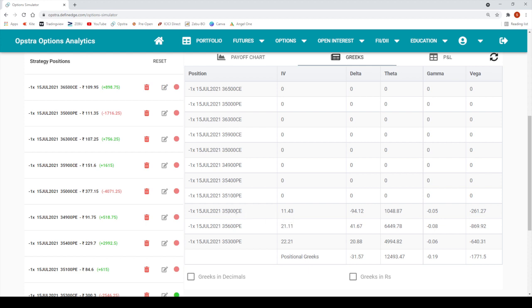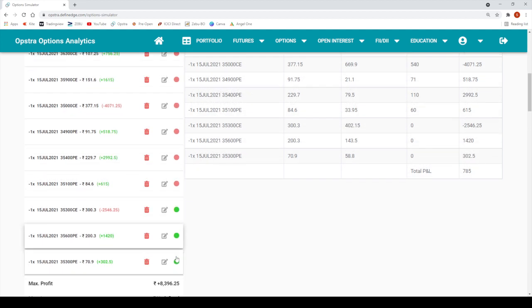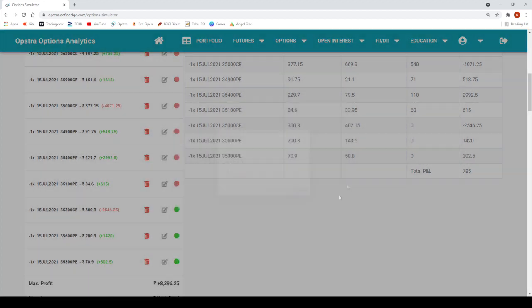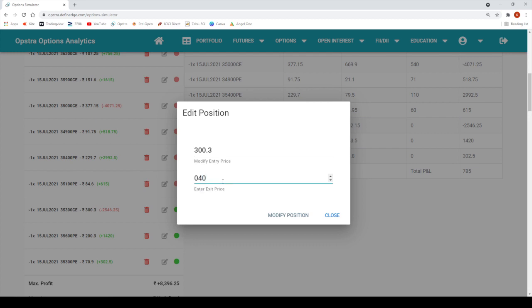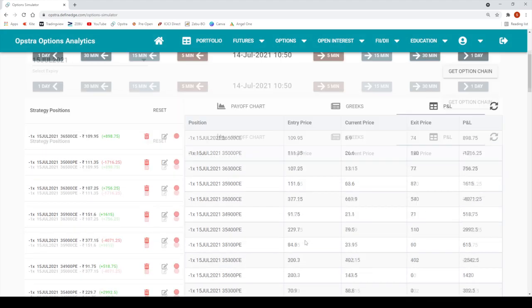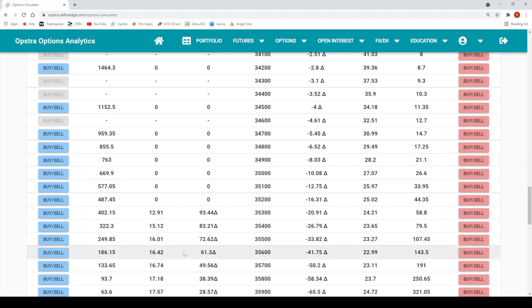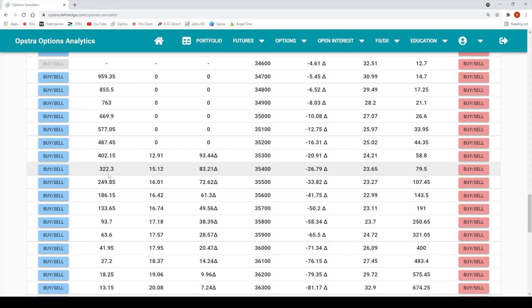So now see 35,300 call become 94. So we are going to shift to lower delta. I am going to close 35,300. And we will select 35,500.